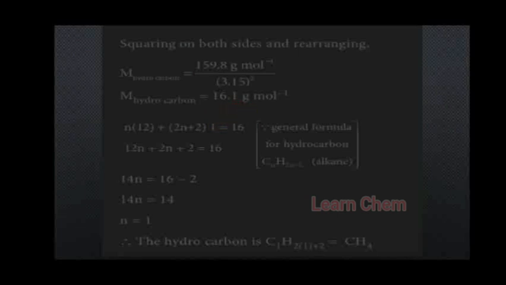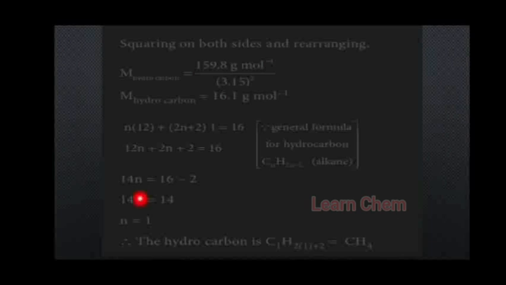So 16. From this we can find the general formula of the hydrocarbon. We don't know the number of carbons, so n into 12 plus number of hydrogen atoms 2n plus 2, where the mass of hydrogen is 1, is equal to 16. So 12n plus 2n plus 2 is equal to 16.